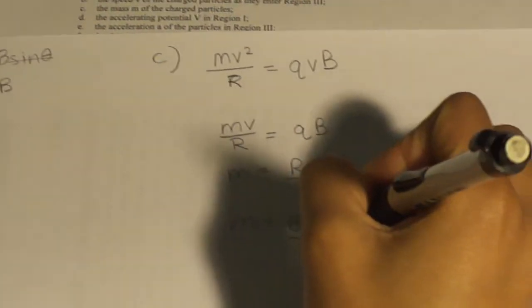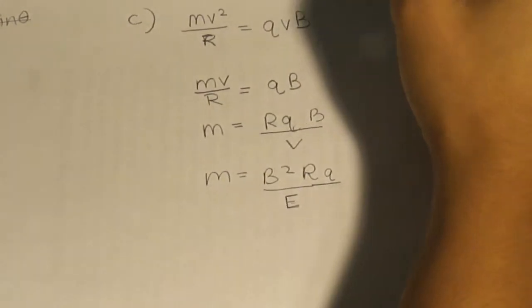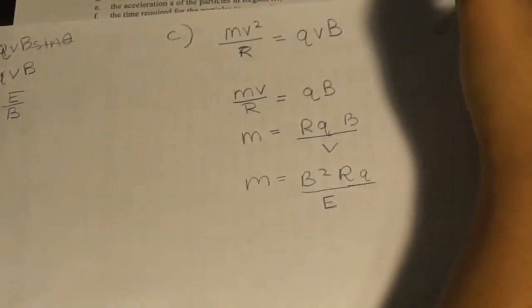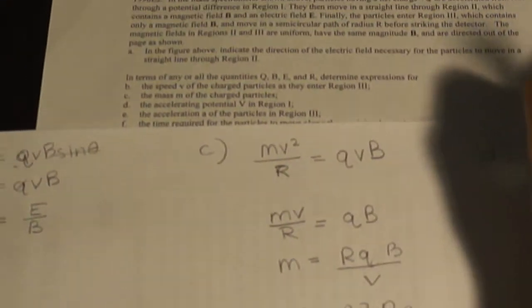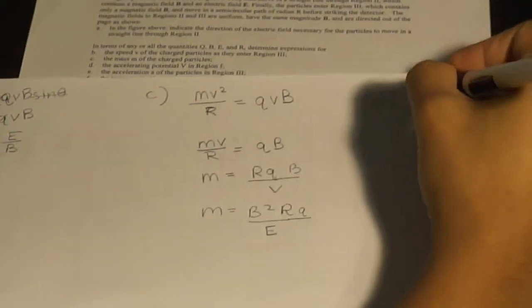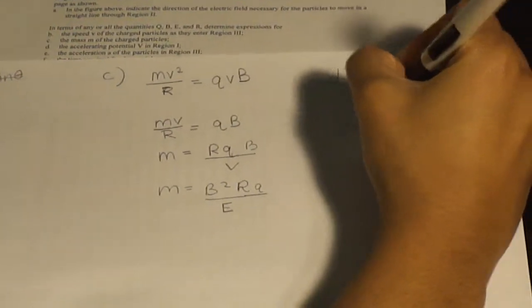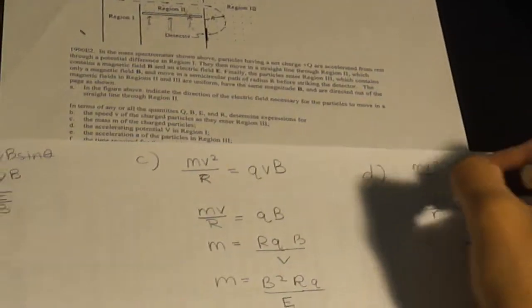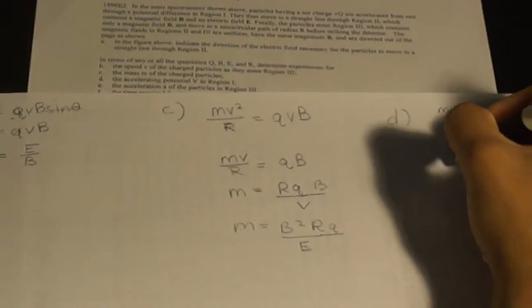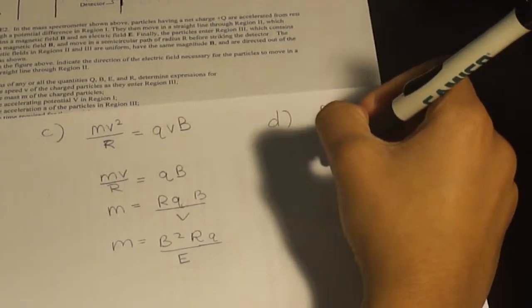Oh, sorry, forgot the Q. Okay. Part D asks us for the accelerating potential V, capital V, in region 1. Because mv squared over R is centripetal force, if we're looking for centripetal acceleration, we just have to remove the mass and we get v squared over R. In this instance, we found v before.